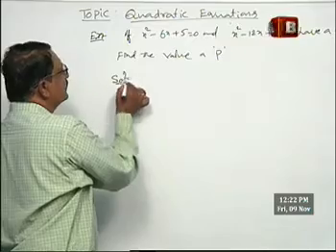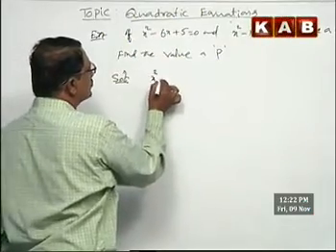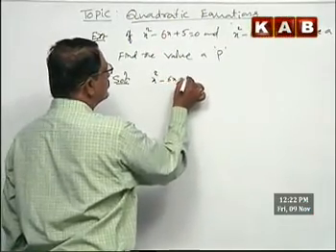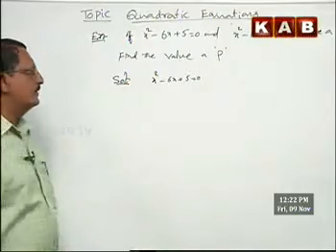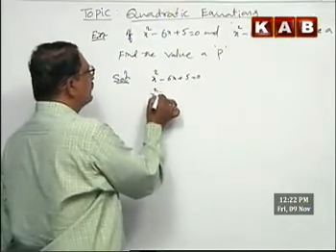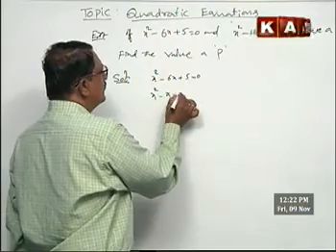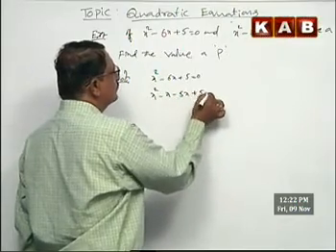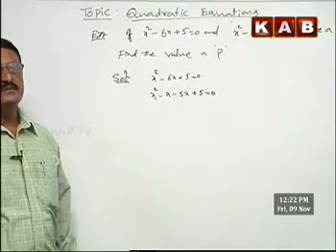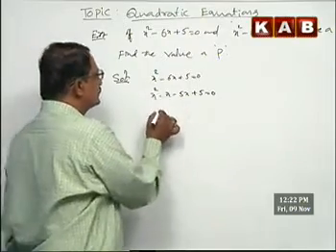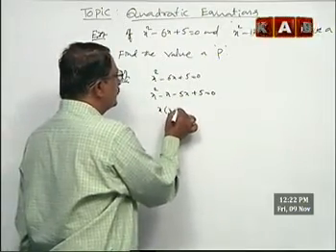Given first equation x square minus 6x plus 5 equals 0. Now, x square minus x minus 5x plus 5 equals 0. Here minus 6x can be written as minus x minus 5x. In first two terms, x take common, x minus 1.